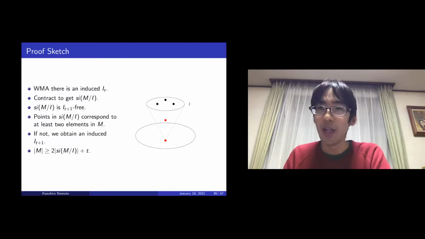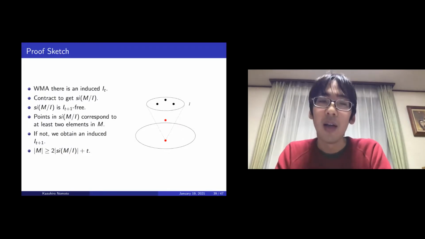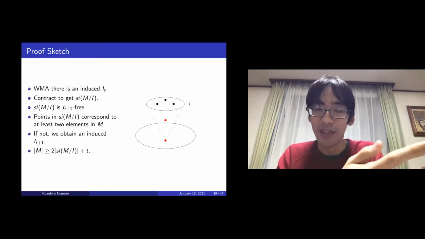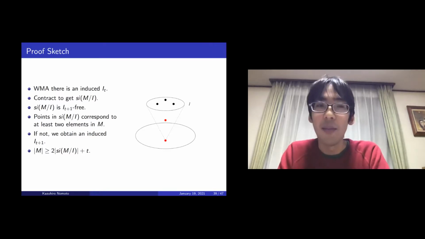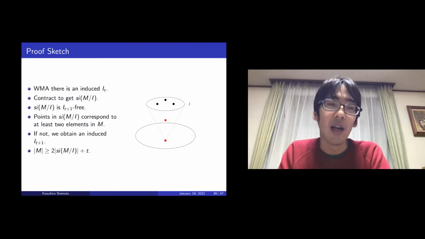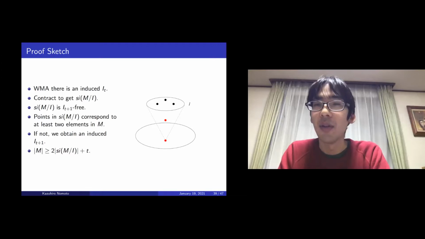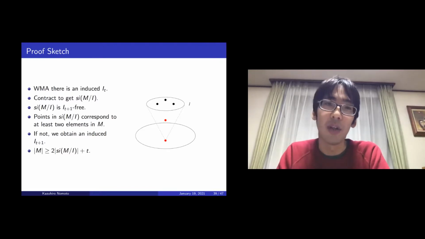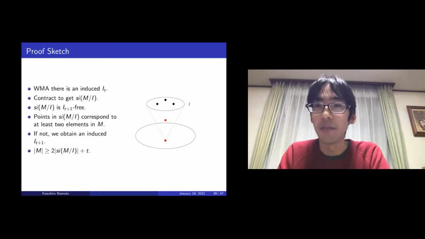So you get this relationship that the size of M is going to be greater than 2 times how many elements you get in the contraction. And the T is just coming from the first IT restriction I've chosen.